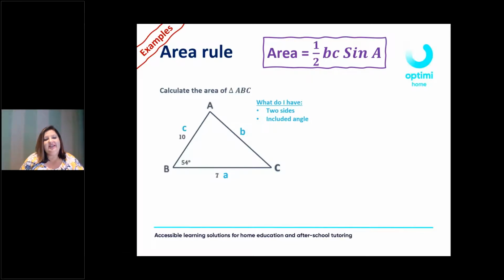So if I look over here, A and C are my two sides, and my included angle is B. So if I use this formula that is given to me, I am going to change it up a little bit. I will say half AC sin B. So it's half of the product of my two sides multiplied by the sin of my included angle over here.